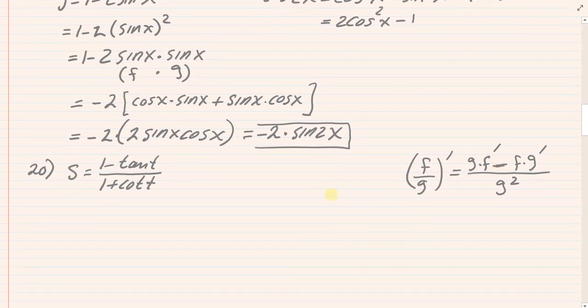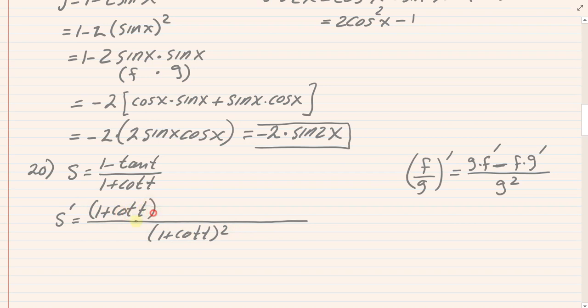All right, let's proceed. Now this is going to end up being a long expression, so I'm getting ready for the long expression. I'm going to square the denominator, 1 plus cotan t squared, and then repeat the denominator, that's 1 plus cotan t. And then derivative of numerator, derivative of a constant 1 is 0, negative, derivative of tangent is secant squared t.